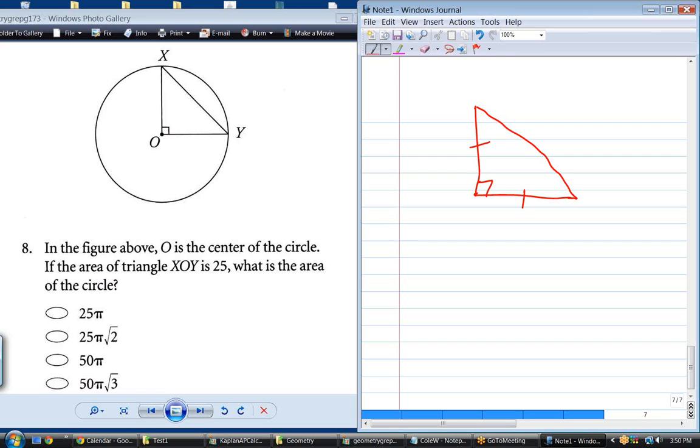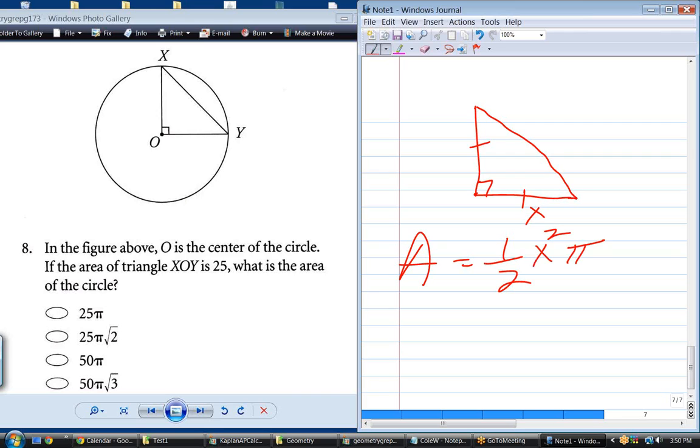Okay, so wouldn't it be 10, base times height divided by 2 would be 25, since 10 by 10, or, well, that's what I'm thinking. Well, let's hold on. Let's solve this. Let's call this distance x.